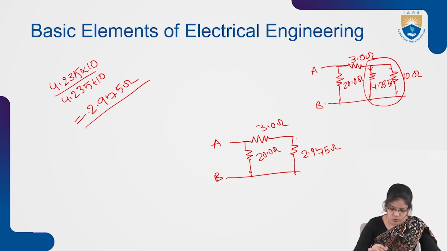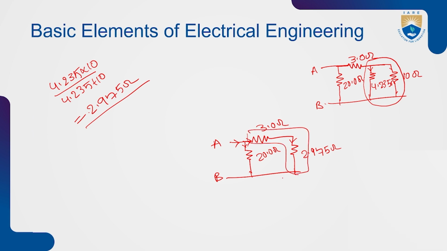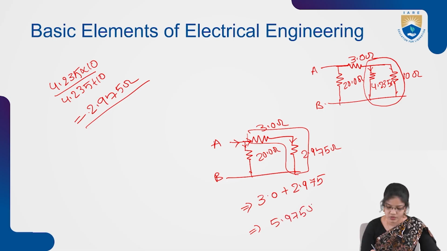And these two, if we see this, the current is dividing here and the current flows the same in these two elements. So these two elements will be taken as series. If these two elements are connected in series, we need to add them: 3.0 plus 2.975. So the value of the resistance will be 5.975 ohms.